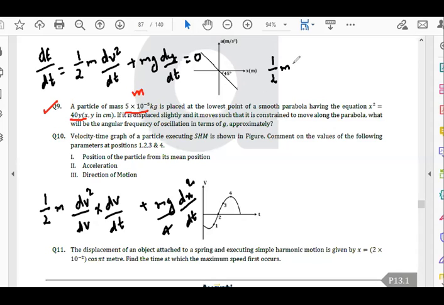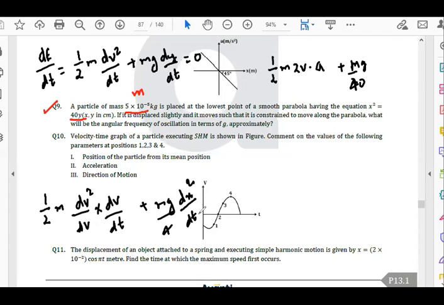So I can say I'm getting half m. Differentiation of v square is 2v into dv by dt, which is acceleration a. Now this v is actually in which direction? X-axis now. Yes or no? Plus mg by 40.